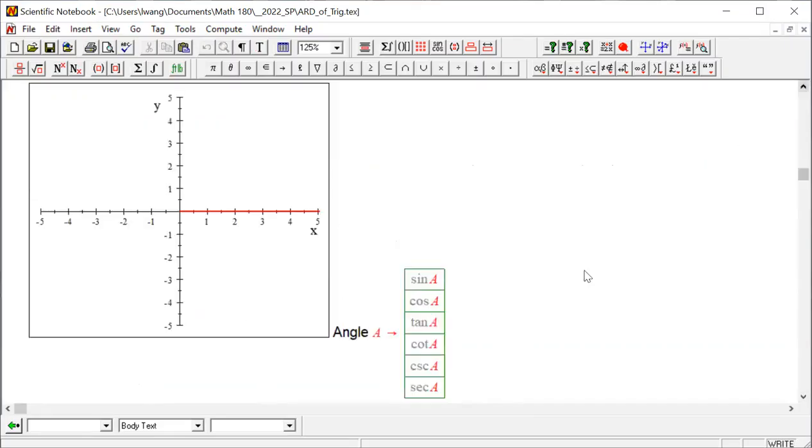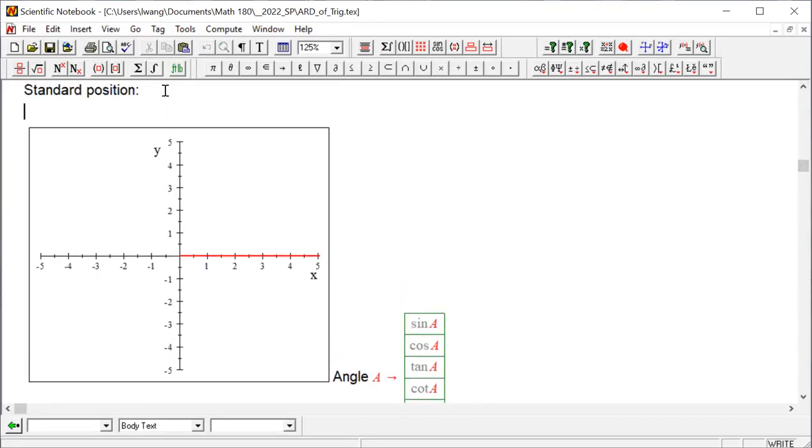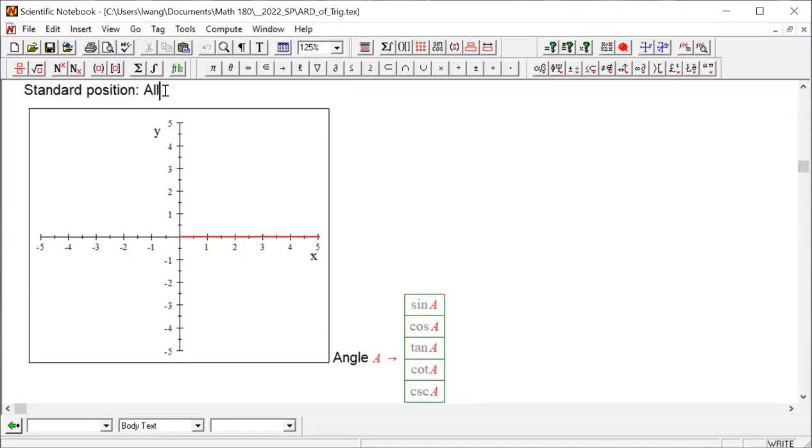The first rule is about angle measurement, and I'm going to call it A. All inputs to the six trig functions are measured from the standard position, and that standard position basically is the positive direction of the x-axis.